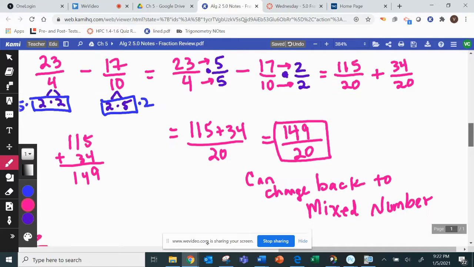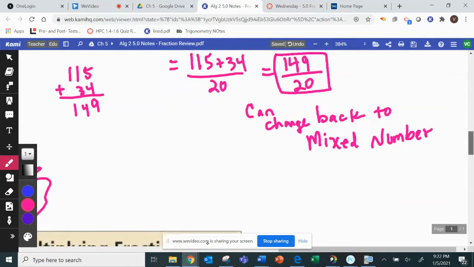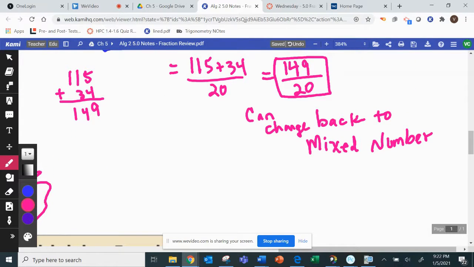But when we go to type this in Canvas, that's going to be harder to type into Canvas. So I'm going to suggest that we just leave it like this or reduce it if it can be reduced. I'm just going to double check to see if 149 over 20 can be reduced. No, that's as far as it goes. Okay.